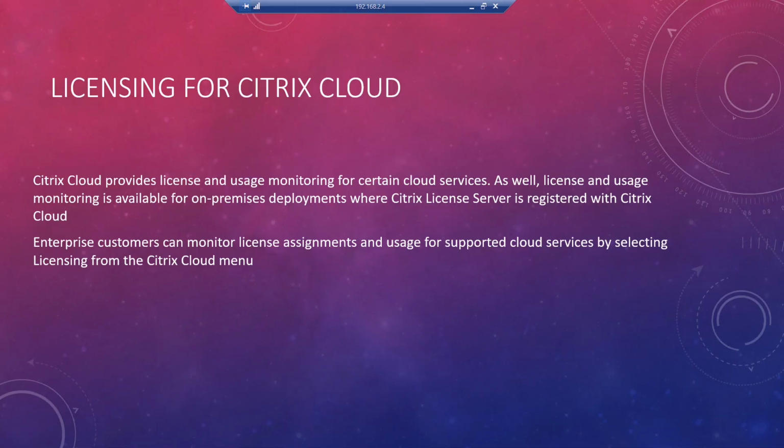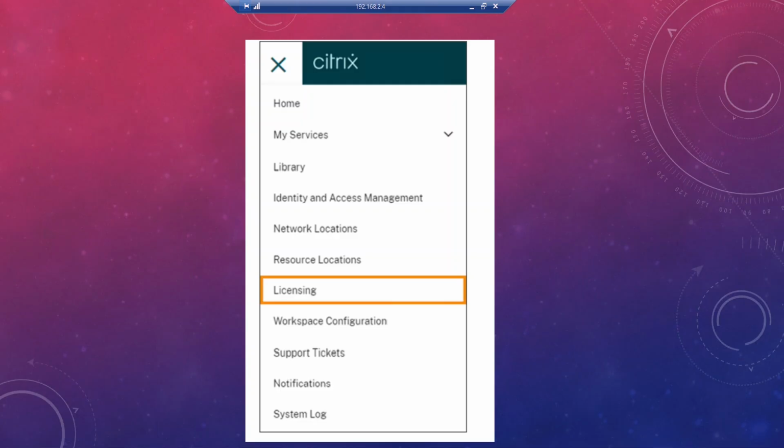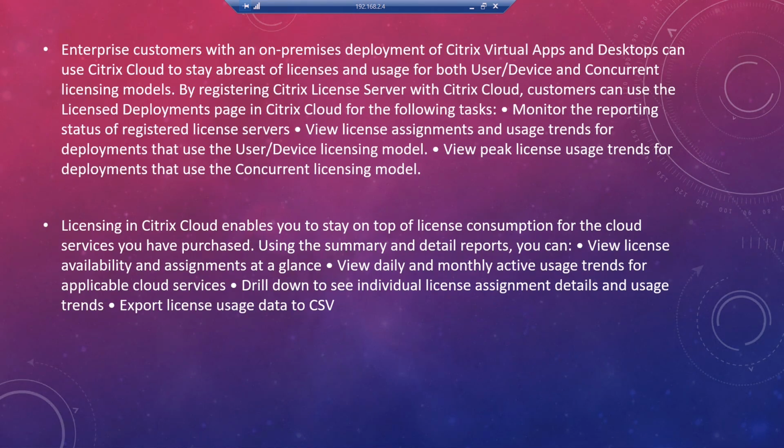Okay, so let me go to the next slide. This is the screenshot of how to access licensing. Let me go to the next slide. Enterprise customers with an on-premise deployment of Citrix Virtual Apps and Desktops can use Citrix Cloud to stay abreast of licenses and usage for user, device and concurrent licensing models.